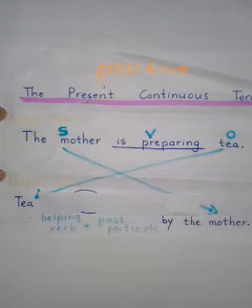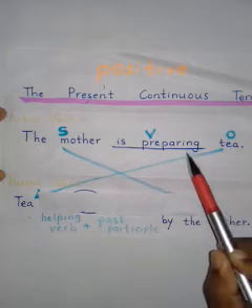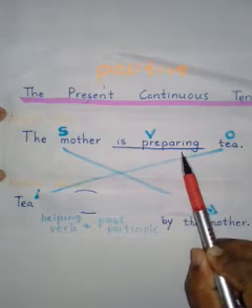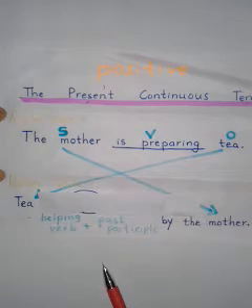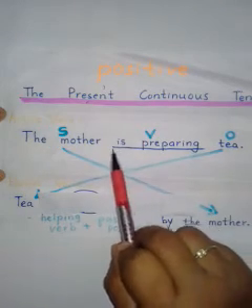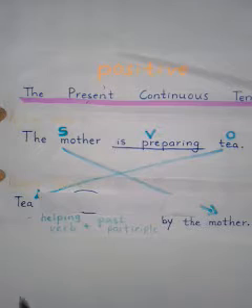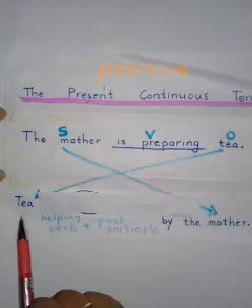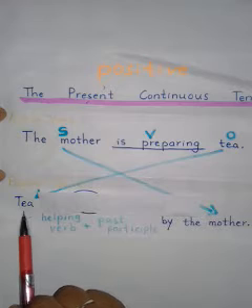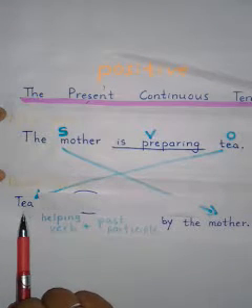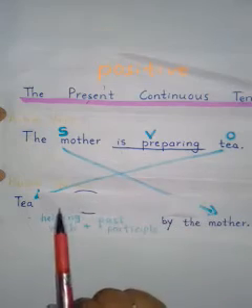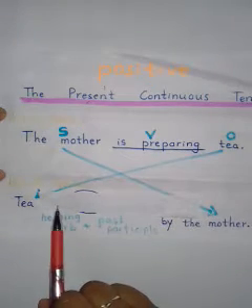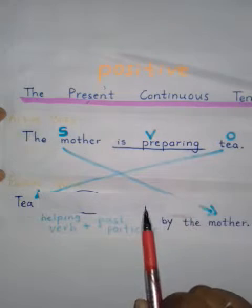And then we must take the past participle of the main verb. Main verb එකේ past participle එක ගන්නත් ඕනේ. Am, is, or are with the past participle. Right. Now this new subject is in the singular form. So the helping verb must be is. And preparing becomes prepared.